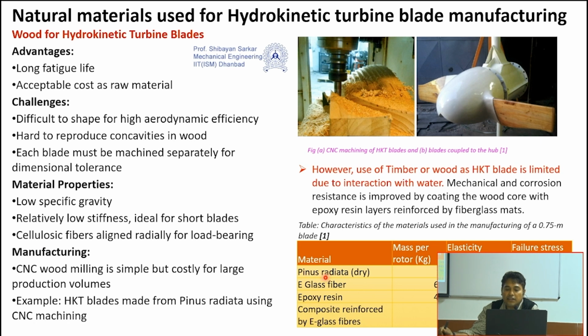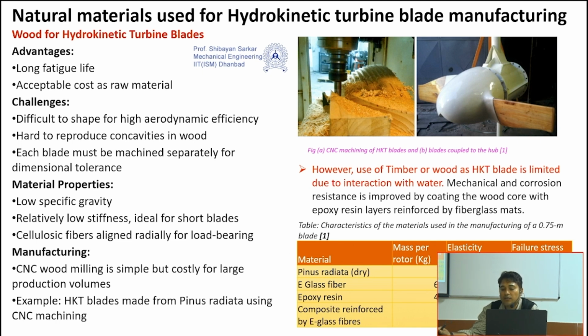This Pinus radiata is one kind of natural vegetable fiber, which is actually available in the Brazilian Amazon forest. And this is e-glass fiber, epoxy resin, and composite reinforcement e-glass. Mass per rotor, in kg, you can see this will be kind of heavier, and e-glass fiber will be less heavy, and epoxy resin even less.